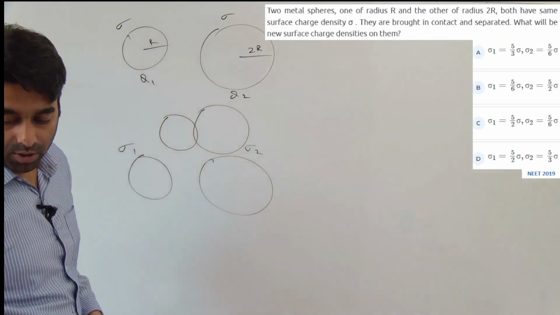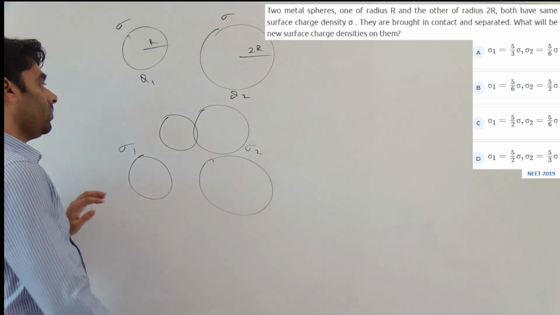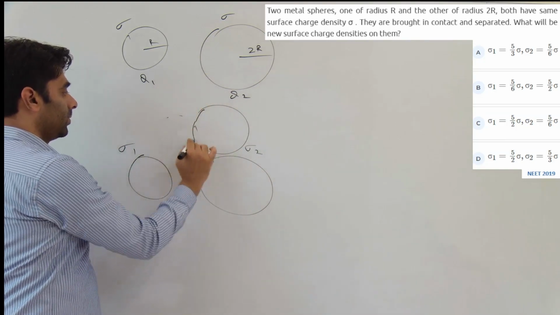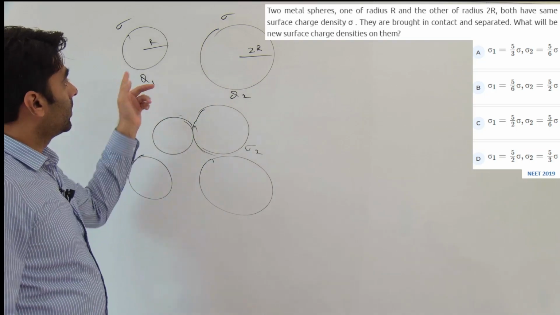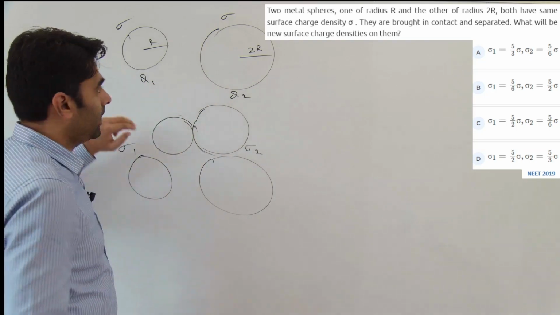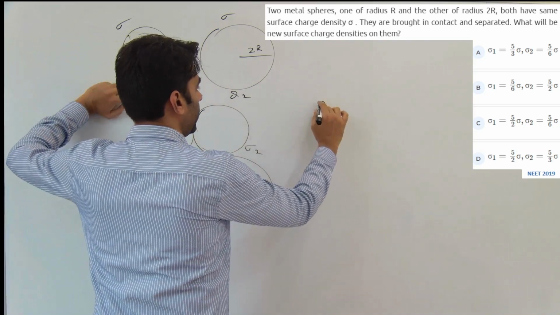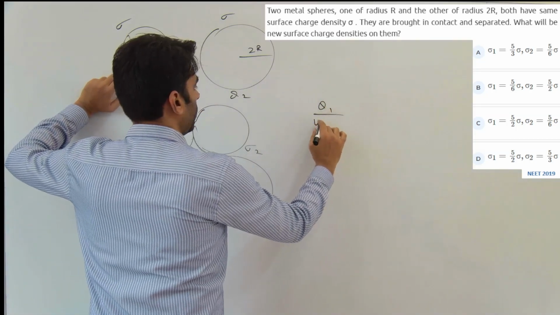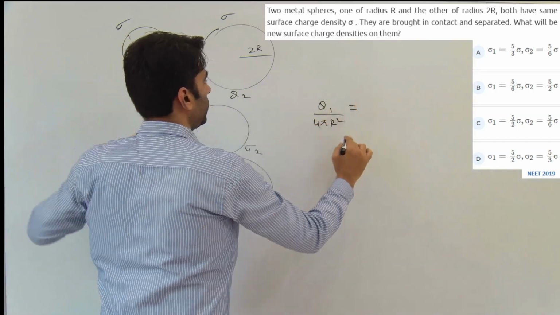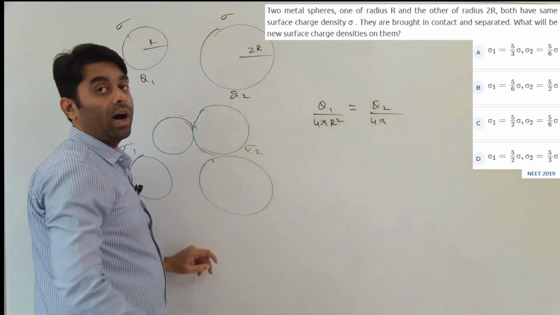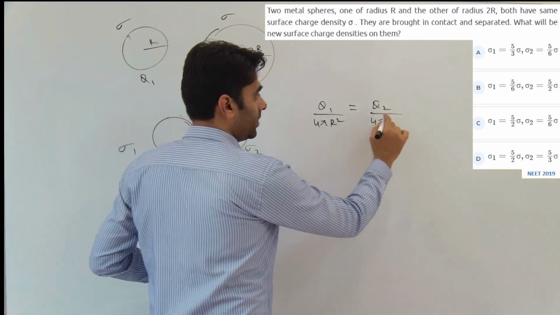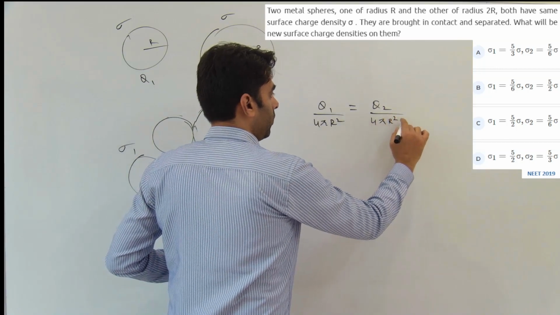Fine. Now initially what is given to us? Initially it is given to us that their surface charge density is same. That means we can write q1 by 4 pi r square will be equals to q2 by 4 pi into 2r whole square, that means it will become 4r square.